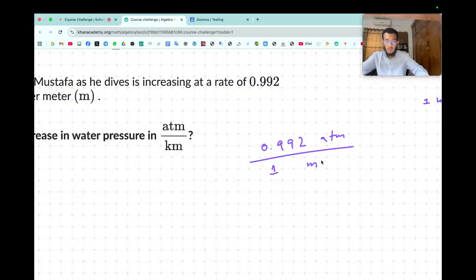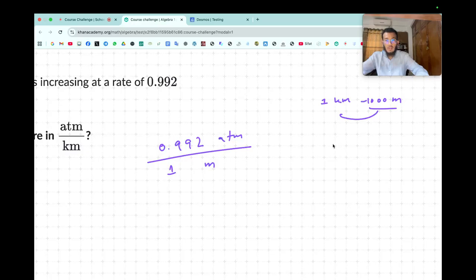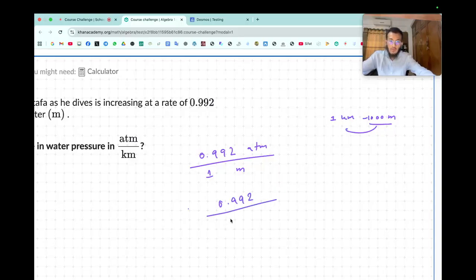So if you want to convert from meter to kilometer, we have to divide by 1000. So we can write this as 0.992 per 1 divided by 1000 kilometer. We can replace 1 meter with 1 by 1000 kilometer, because from kilometer to meter, if you go back, it will be 1 by 1000 times 1000 meters, essentially the same thing.